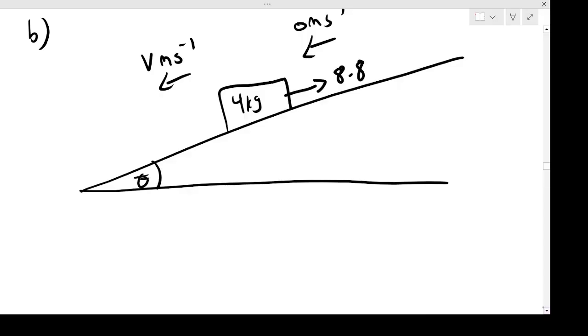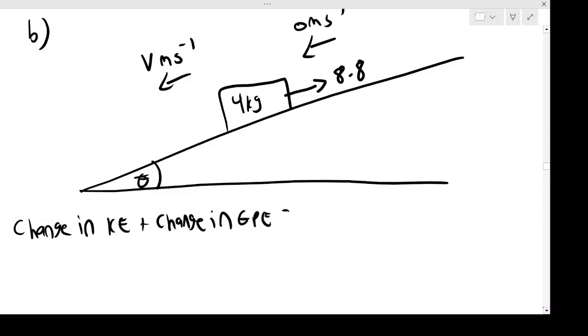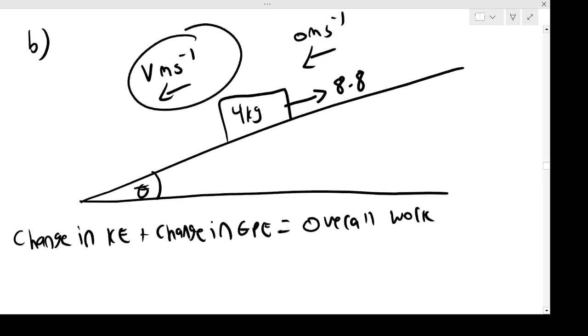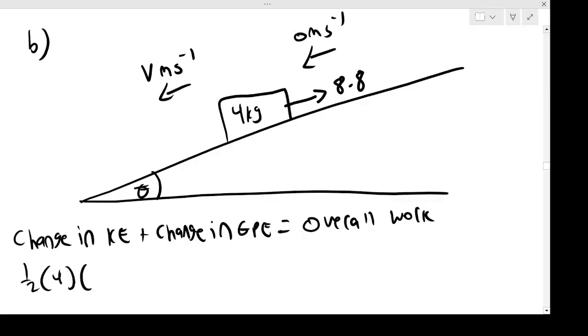That's going to be the change in kinetic energy plus the change in gravitational potential energy equals the overall work done. Firstly, the change in kinetic energy. Well, now the final speed is v, and we start with 0. So the change in kinetic energy is going to be half of m, which is 4, times v all squared, take away 0, because the initial speed is 0.